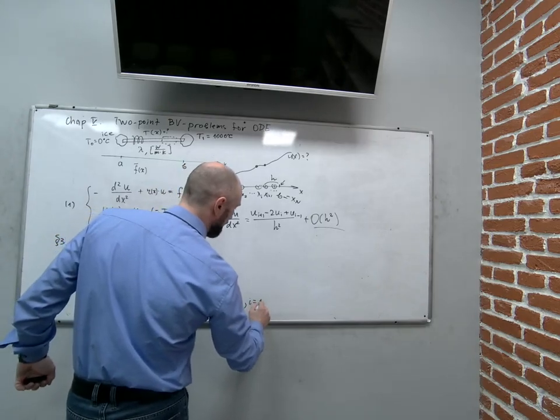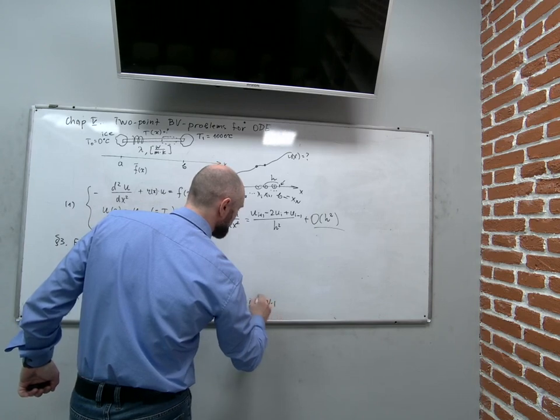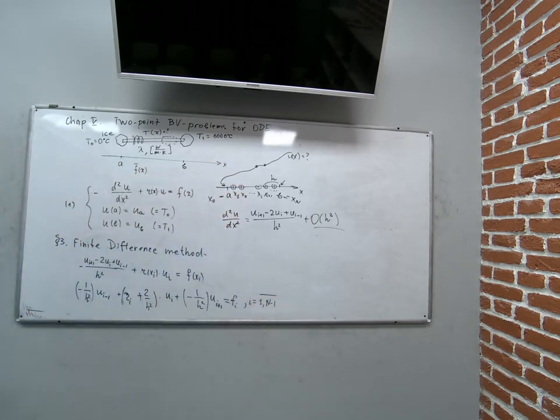So here i goes from 1 to n minus 1. So we have how many unknowns? We have n plus 1 unknowns, and we still have only n minus 1 equations.